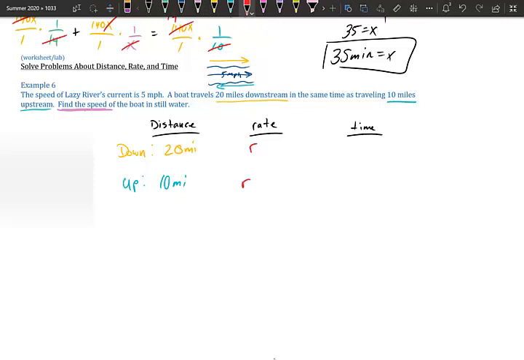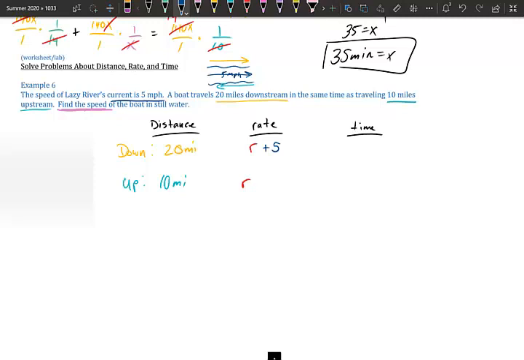But we know something because it's traveling upstream and downstream. So downstream, if it's traveling with the current, however fast it's going, isn't it also going to go plus 5 miles an hour? So however fast you have your engine, you're going to go faster because you're going with the current. It's like driving with the wind, or flying with wind. You're always going to go faster because it's pushing you.